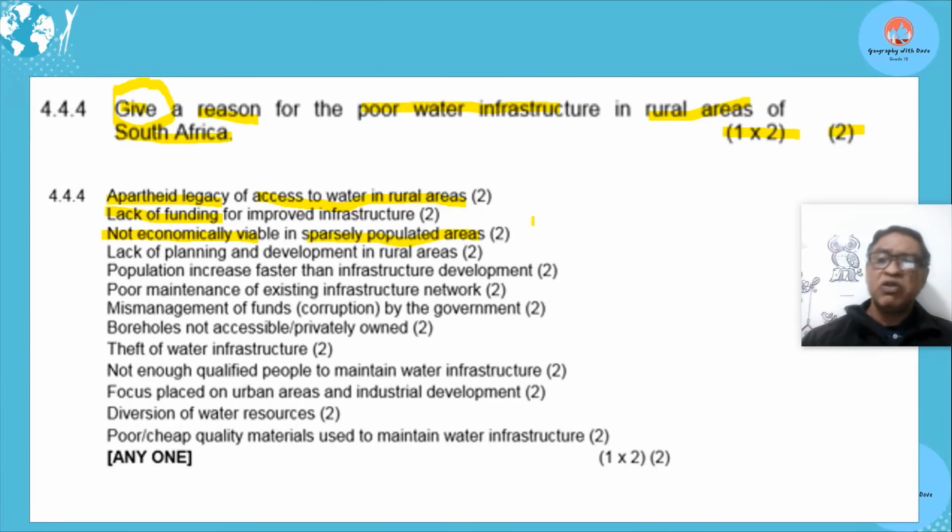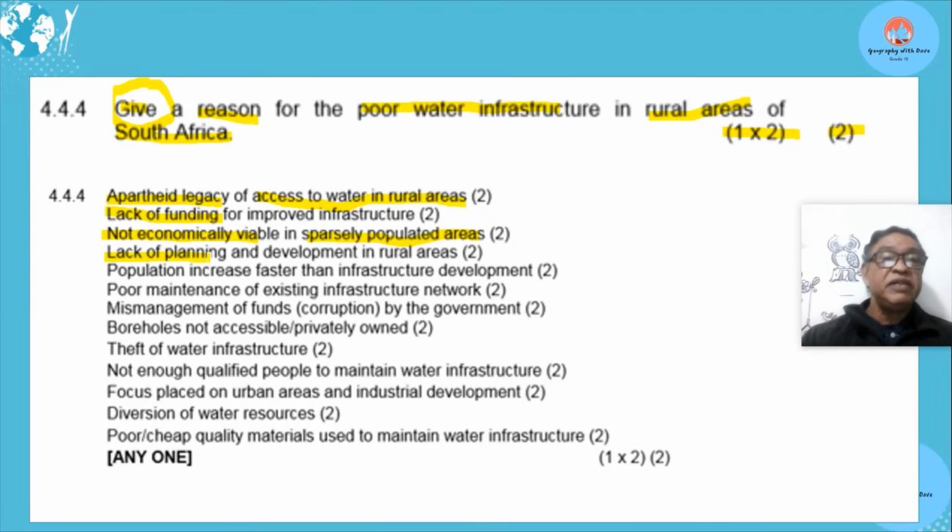If you're going to build a lot of storage dams and infrastructure, taking piped water sometimes costs a lot, and in that area there's not many people. Let's say that area is about 50 kilometers away, and there's few people living there. Because of lack of funding, it makes it worse; the cost to send water infrastructure into the area is high, and it's not economically viable for how many people it's servicing.